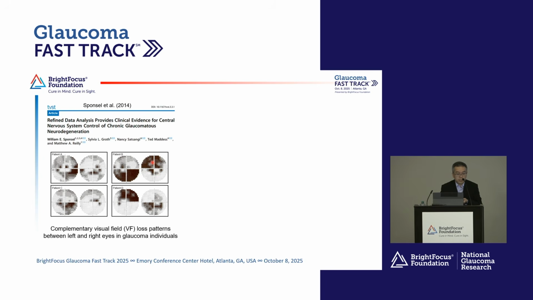And this seems to be beyond random in their analysis, and they suggest that there's a potential brain control of the neurodegeneration. That may also explain, as one of the questions from the audience suggested, why patients find it hard to sense that they have glaucoma: because they're using both eyes together.